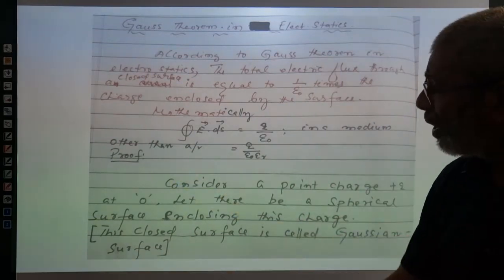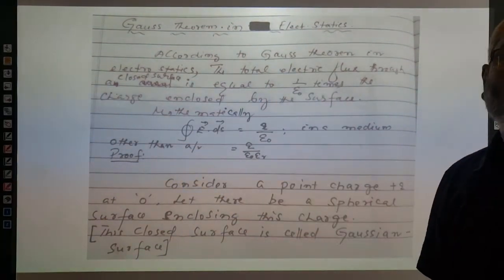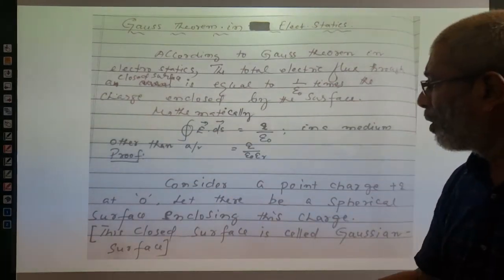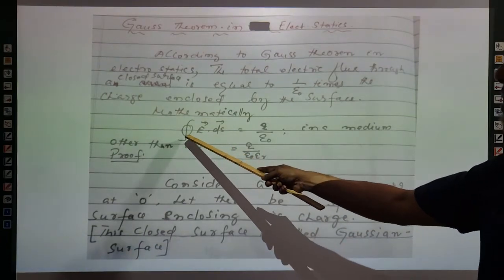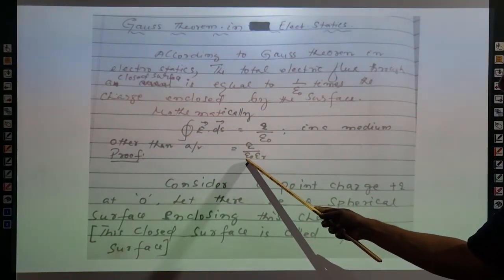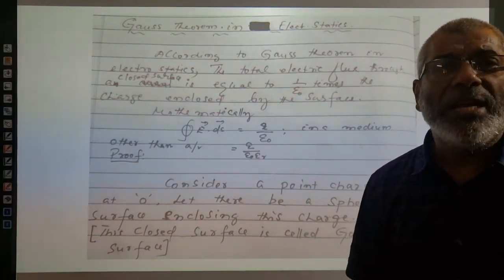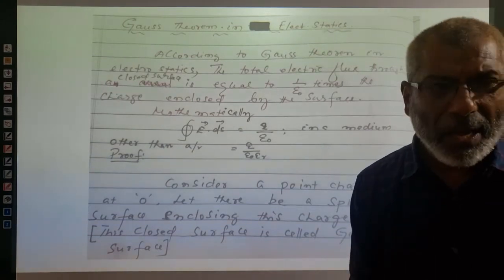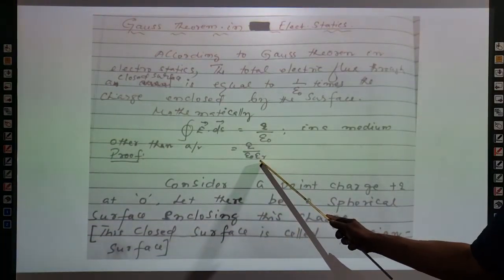If we are placing the charged particle and the closed surface in a medium other than vacuum, then the surface integral E dot ds is equal to Q divided by epsilon 0 epsilon r. Epsilon r is also called the relative permittivity. In place of epsilon r, we can write K also, no problem.